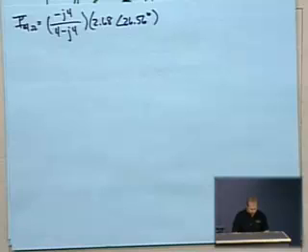So negative j4 divided by 4 minus j4 times 2.68 at an angle of 26.56 degrees. This is a current, so we like to have it in polar form. I'm getting a slightly different answer than I did before.